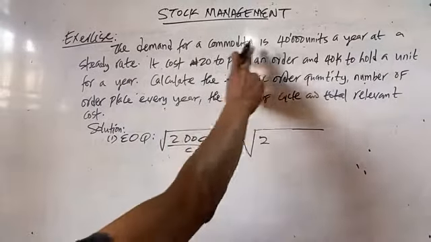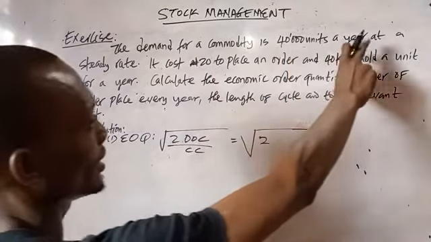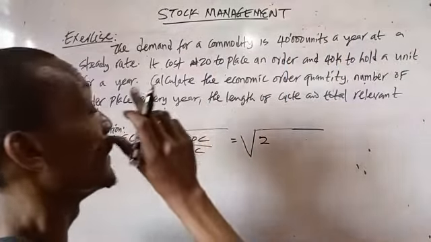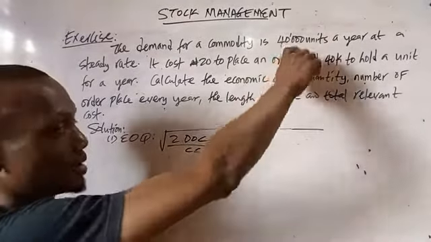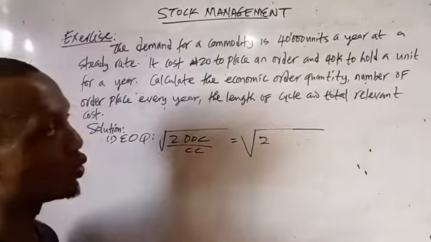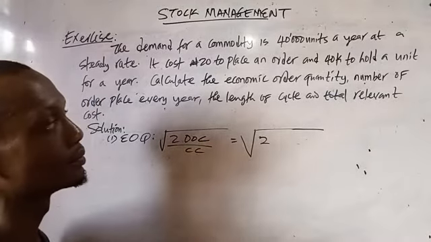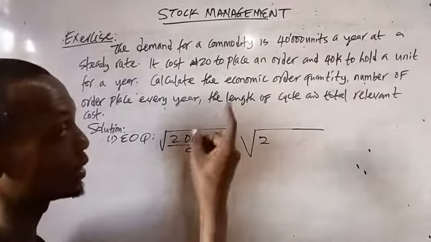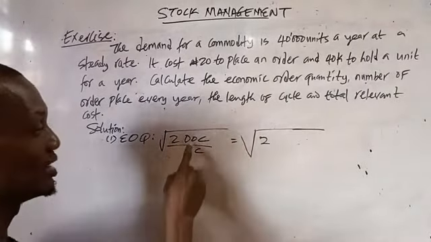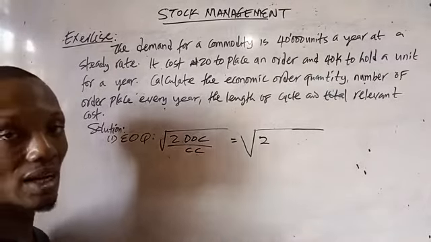The demand for a commodity is 40,000 units a year. That's our annual demand. I said in my last video that if you are given the demand on a monthly basis, you have to aggregate it. If you are given it for a month, you multiply it by 12 to get it for the whole year, because the demand you use here must be an annual demand.